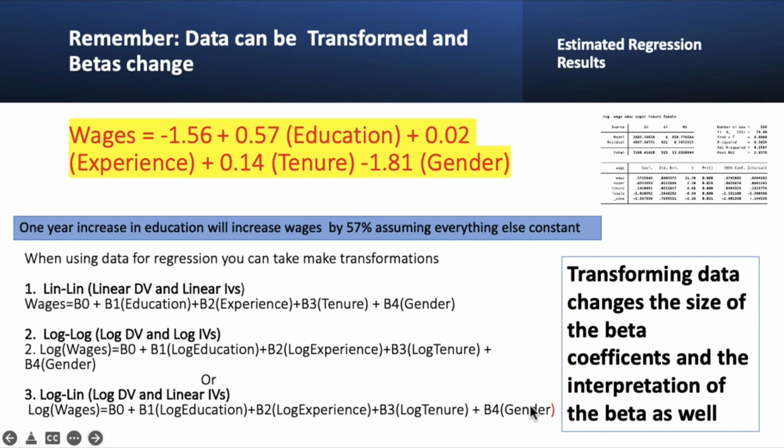When you do such kind of transformation with the data that you've collected, how you interpret the beta changes as well. So when you have a linear regression model, these coefficients are interpreted in terms of unit change, which means that education increasing by a unit will cause wages to go up by this many units.